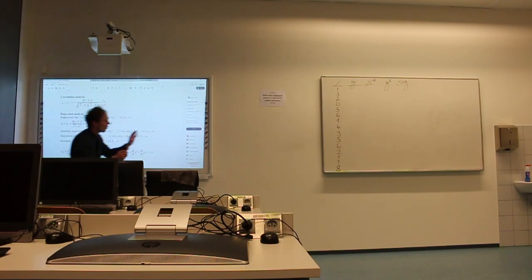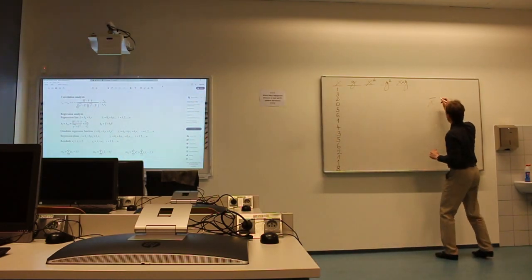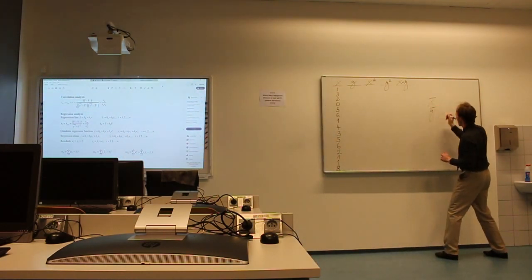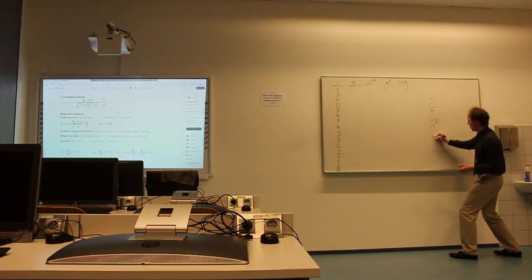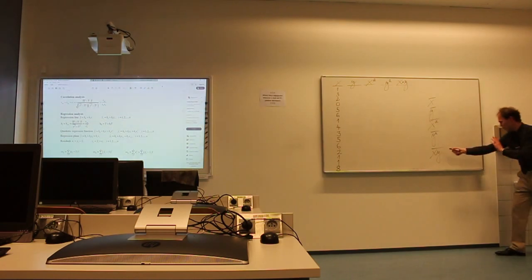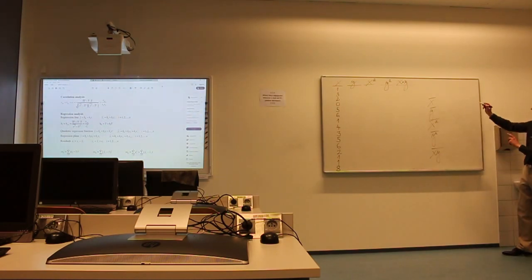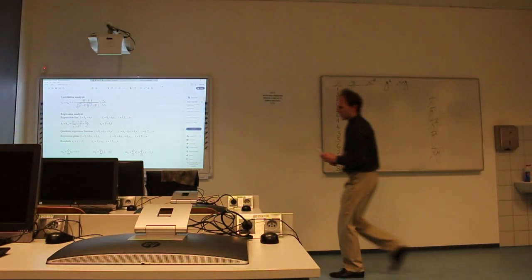So the means: x with stripe, y with stripe, x squared stripe, y squared stripe, and xy stripe. 1, 2, 3, 4, 5. 5 means.